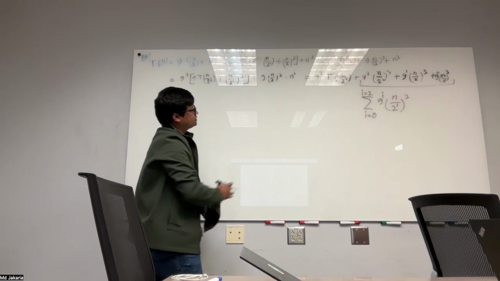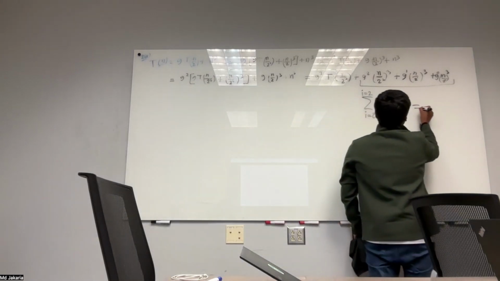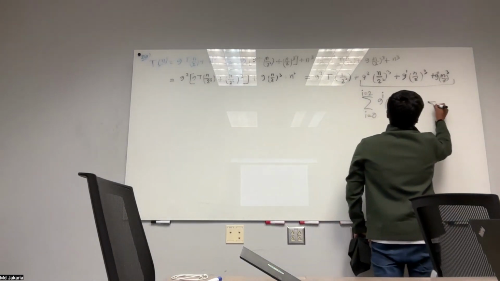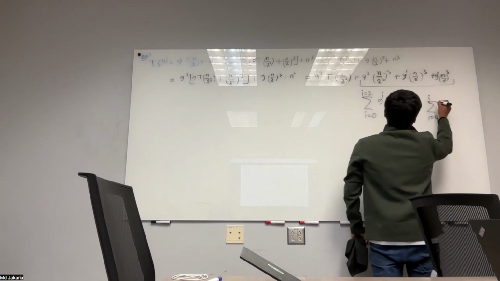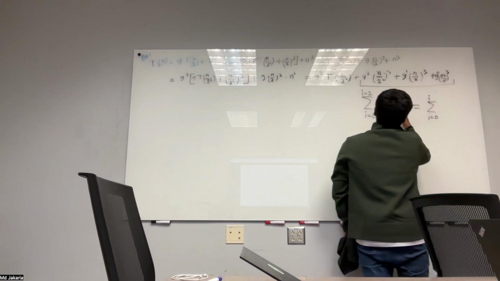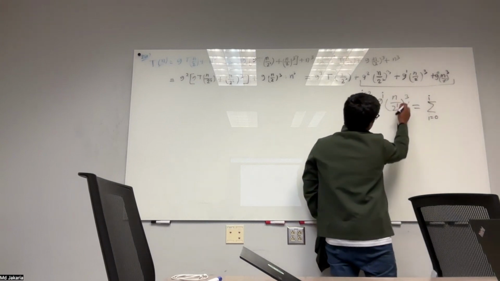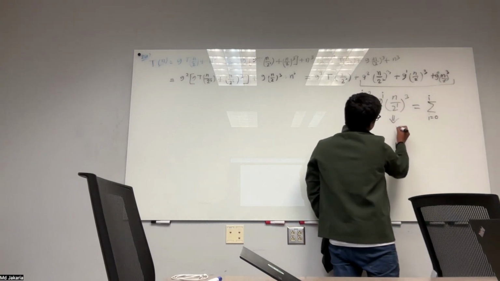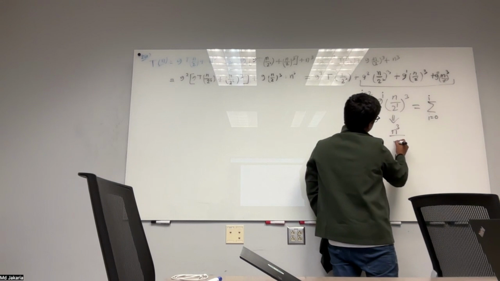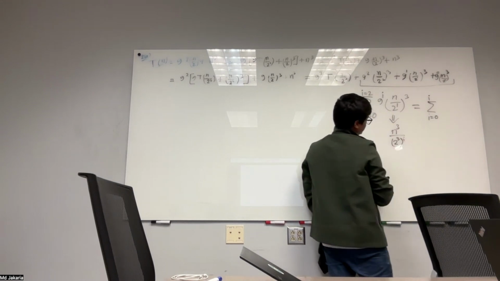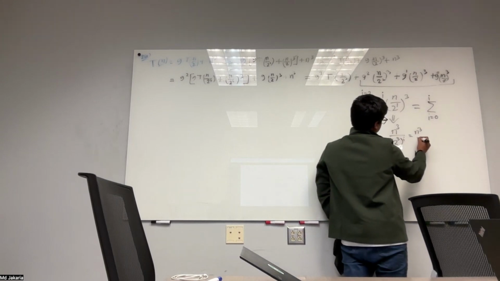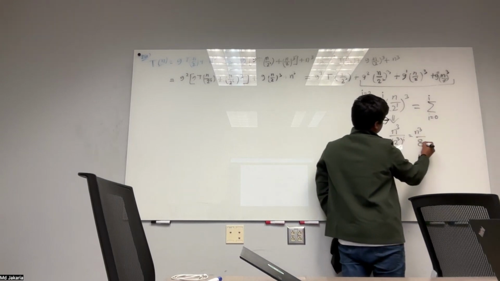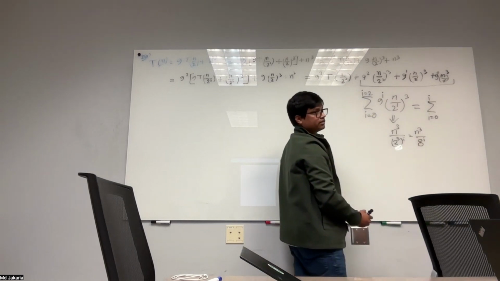So this looks like a series, and we can rewrite it this way. 0 to i. If we want to rewrite, this will be like n cube to i, right? So it will be n cube. All right.